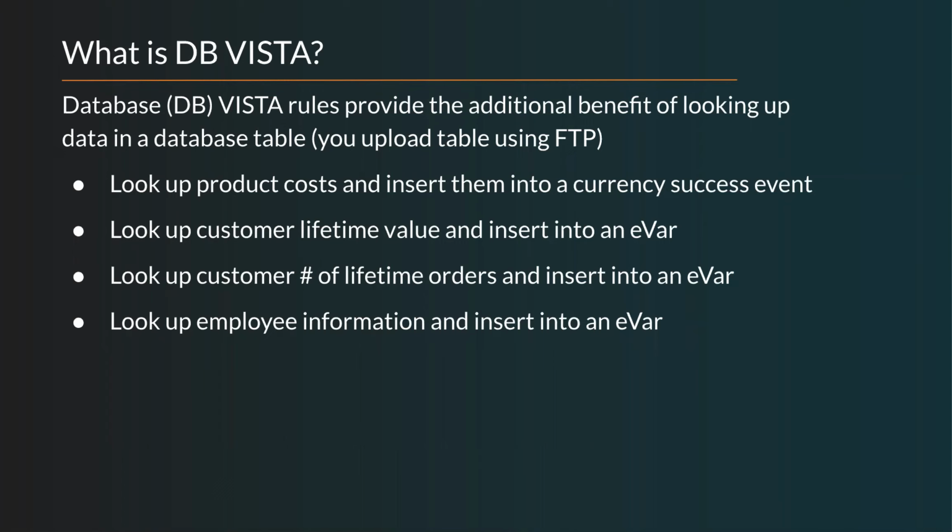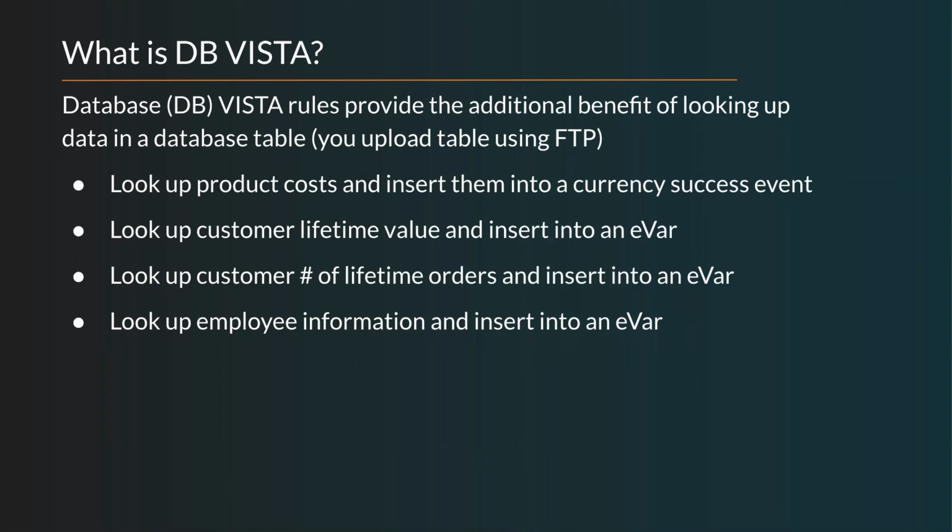Well, one might be to look up product costs and insert them into a currency success event. So someone comes to your website, they order product A, and they're paying $100 for it. Well, if you have the latest and greatest cost of product A in the DB Vista table, and let's say the cost is $70, then you could actually insert that server side in real time into a currency success event.